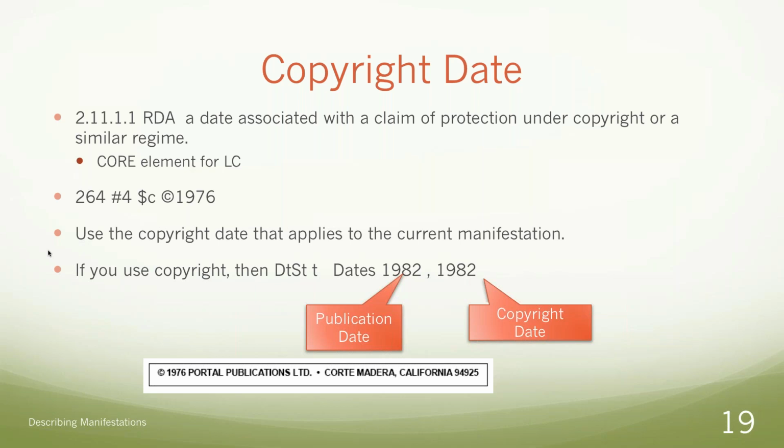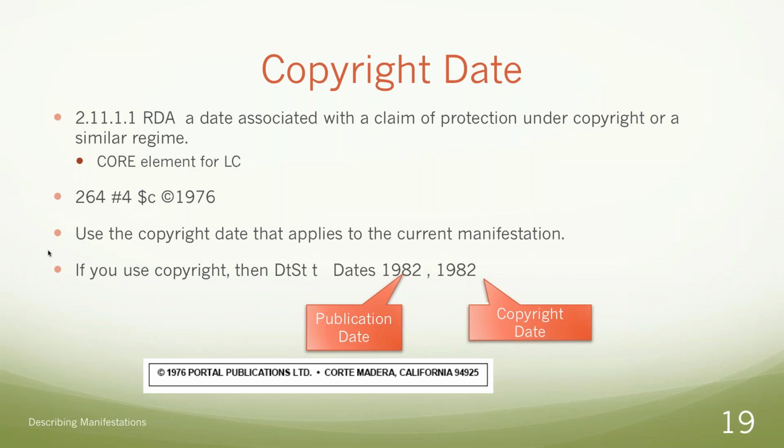If you know that there is a copyright date, but it is not present on the resource itself, you can certainly give it, but it would never go in square brackets. Use the 264 field with a second indicator 4. It goes in a subfield C, either using the copyright symbol itself or the word copyright. You do not need a space between the symbol and the date. Just use the copyright symbol and the date, and you're good to go.